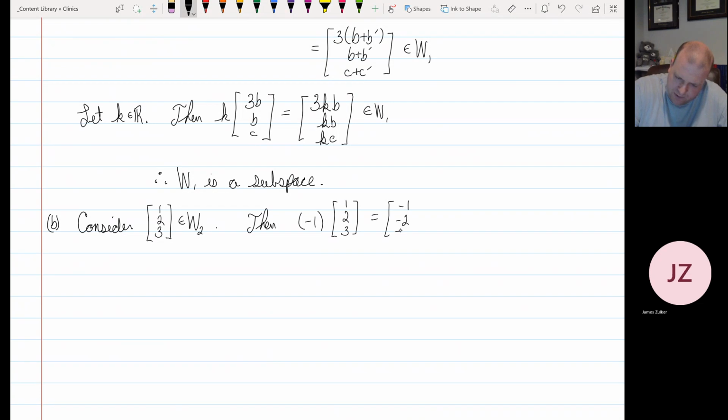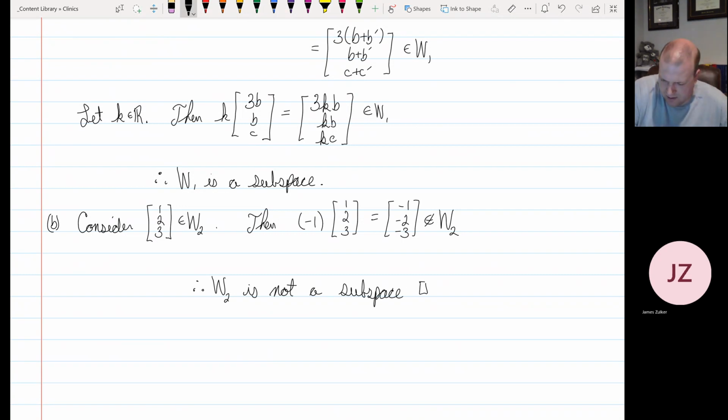We get (-1, -2, -3). But that can't be in W2, because here C is the smallest, but to be in W2, C has to be the largest. So it's not closed under multiplication. And so therefore W2 is not a subspace.